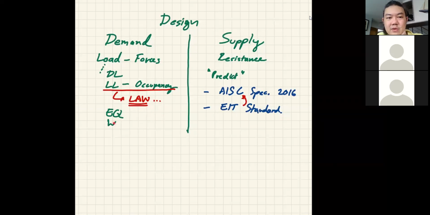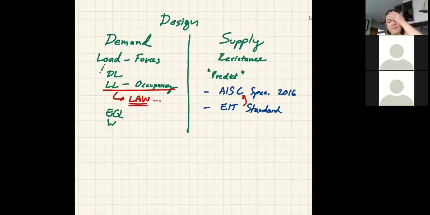So the demand side is very, very important. How you predict the strength of your structure to meet the left side, you have freedom to do something yourself, but just like Spider-Man, right? Freedom comes with responsibility. So you must know how to properly predict the strength of your structure.